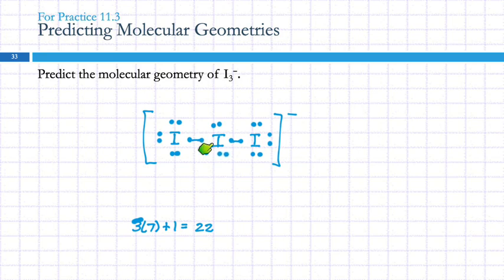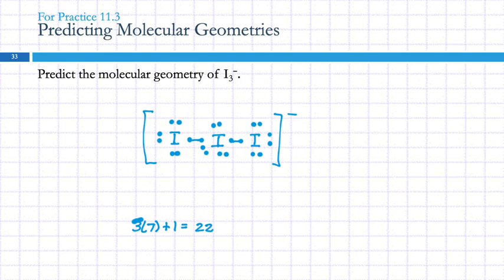How many electron groups on that central atom? 2, 3, 4, 5. 3 lone pairs and 2 bonds. I thought if it was a minus 1 charge, we add a pair? No, we added 1 electron, because there would have been 21, and I added 1. It's just that when I was counting by 2s, I had 2 left.